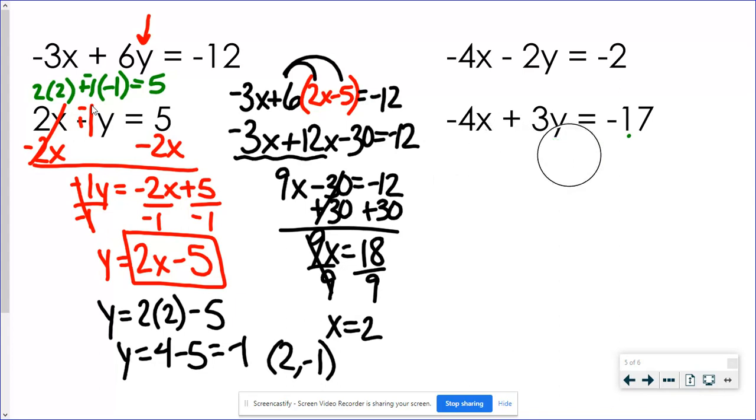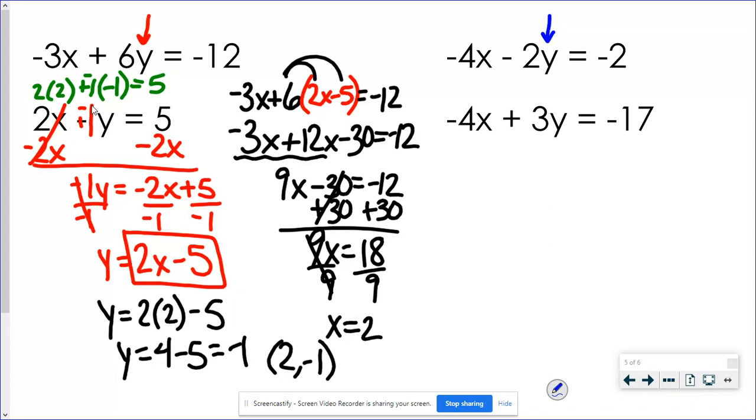I would also not pick the 4 in that equation because the 3 and the 17 both don't divide nicely by 4. In the first equation, if I would choose this x, I would end up dividing everything by -4, which is okay, but 2 divided by -4 is going to be a fraction. So I'm going to pick the one that's going to be the easiest. In this problem, the one that's going to be the easiest is this y.